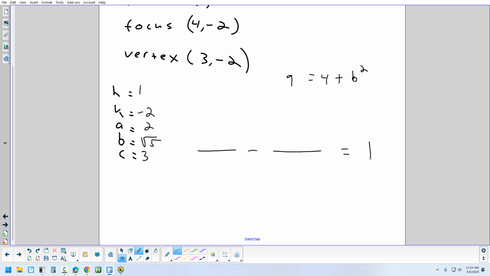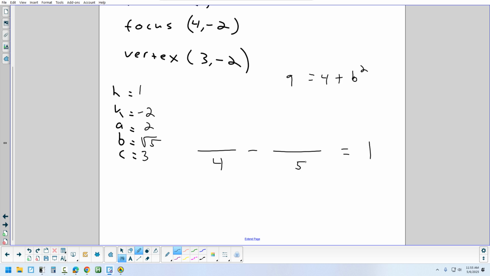I don't need to. Yet. What's going to go in the first denominator? Yep, A squared, which would be 4. And what's going to go in the denominator of the second fraction? Yep, B squared, which is 5.